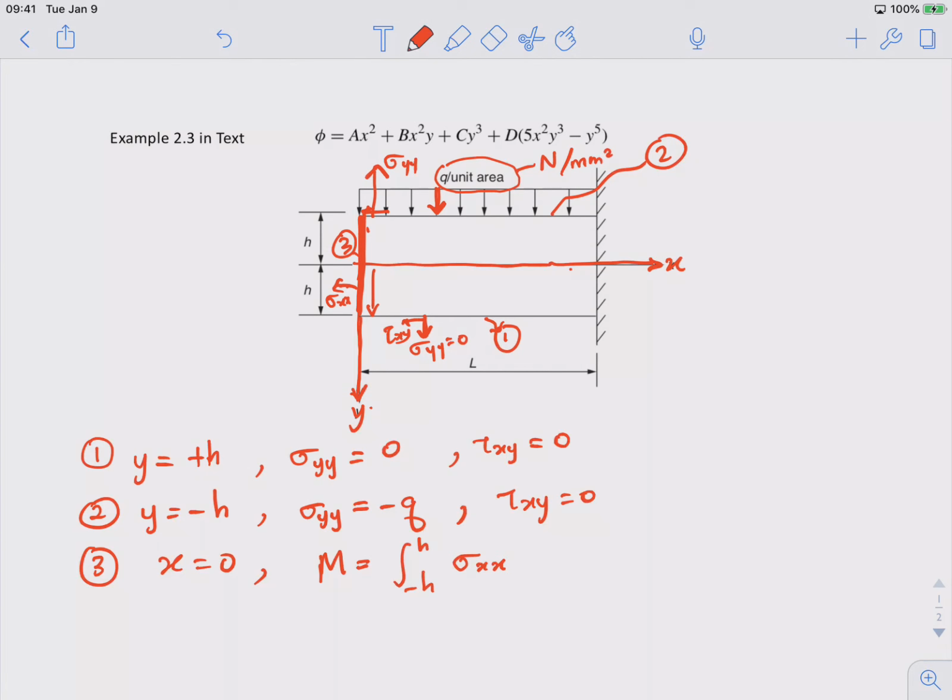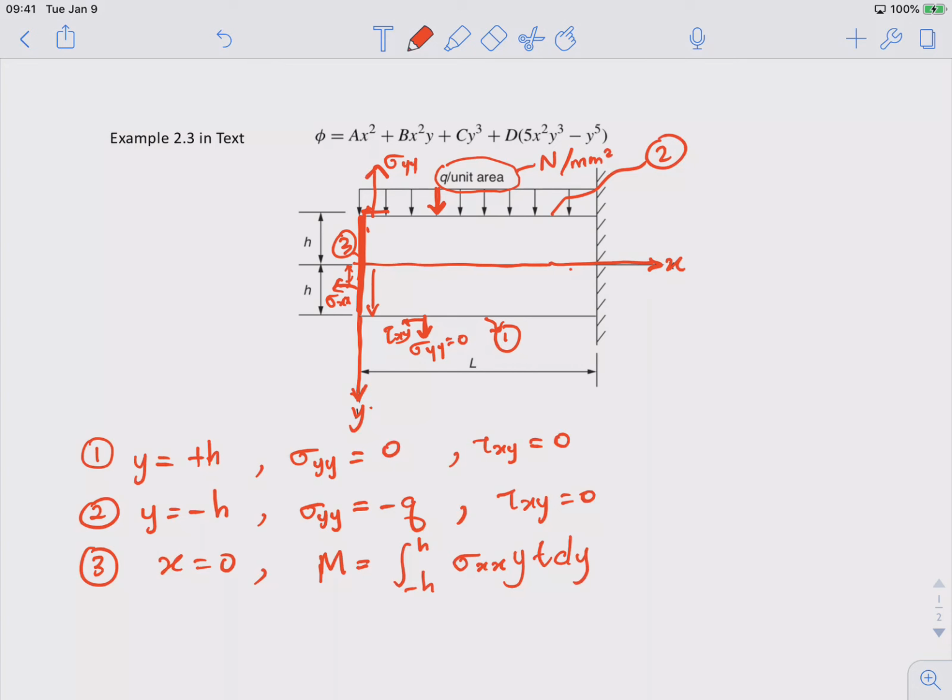So force times a moment arm. To convert that to a force, I have to take the sigma xx and multiply it by an area. That dA in this case would be the thickness times the dy. And that's my force. Integrating that force, I have to multiply by my moment arm. So the moment arm will be the perpendicular distance, which is in the y direction. So I would put a y here.